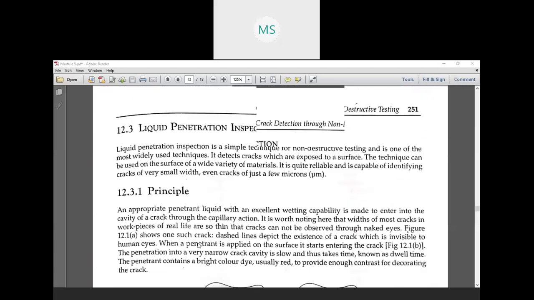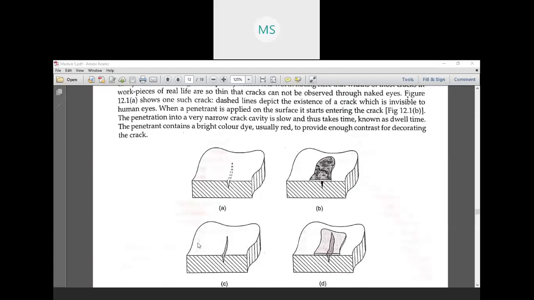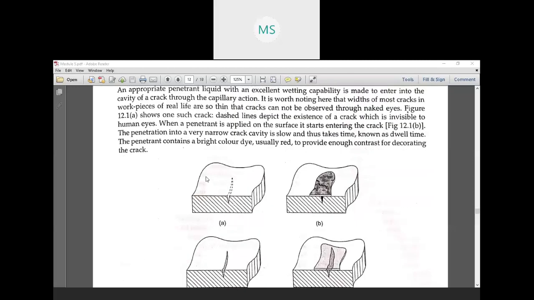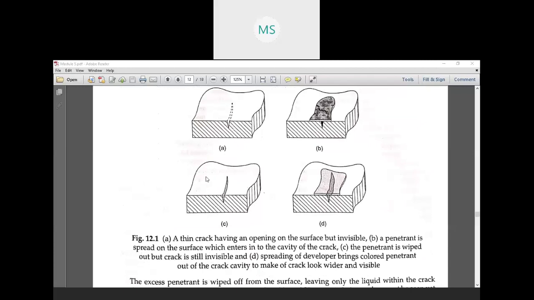Then we have studied liquid penetrants. For that we have seen this diagram, in which there is a crack on the surface. This principle of liquid penetrant inspection is applicable only for surface inspection. For that, we apply some penetrant and give it time to spread nicely on the surface and fill the cavity.